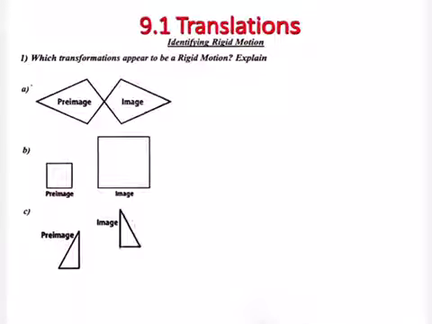Which transformations appear to be rigid motions? Well, in this case, in A, this is a rigid motion. All they've done is flip the picture over. They're the same size and shape, they've just been flipped. In B, this is not a rigid motion. The size is different.